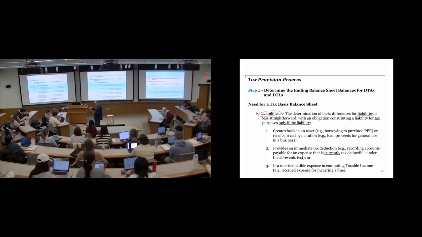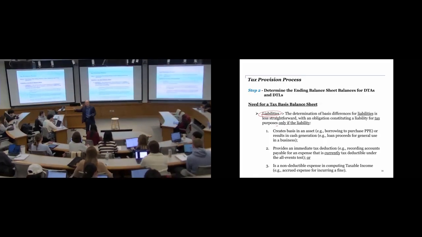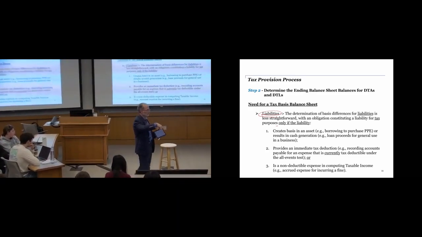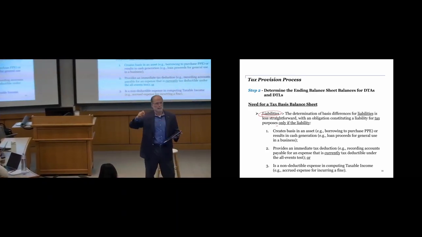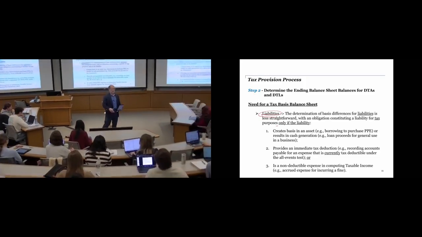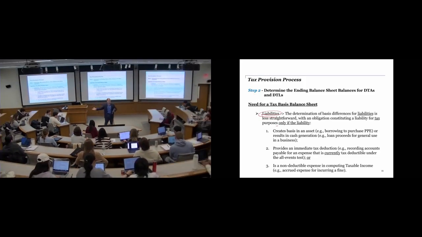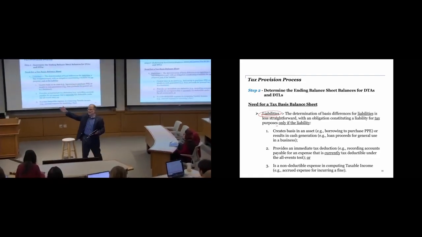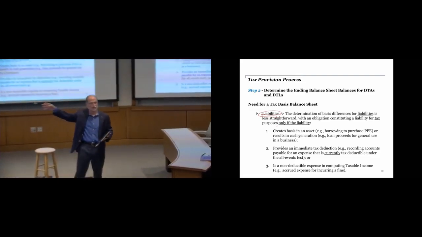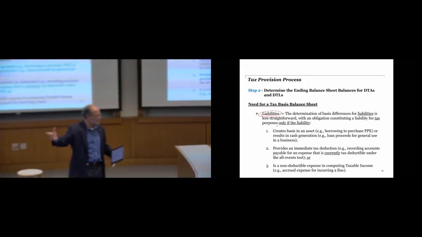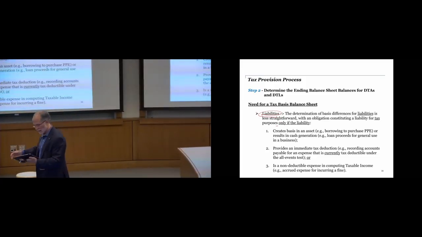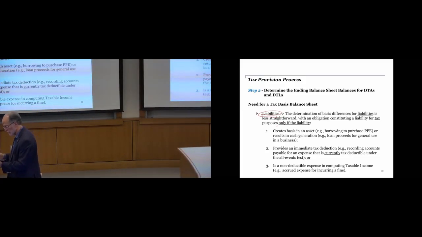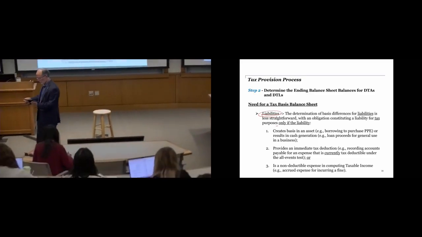So think about recording accounts payable for an expense that is currently deductible. So if I have to pay for paper towels for the office, it's going to be immediately deductible in the business, and that accounts payable, when I have to pay the vendor for that, then I have a basis in that liability for tax. And the last one is if I have a non-deductible expense computing tax benefit.